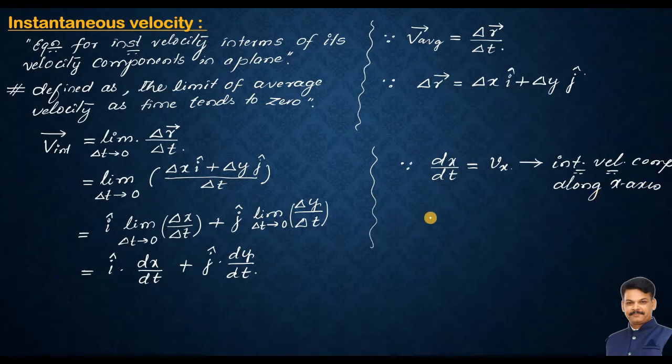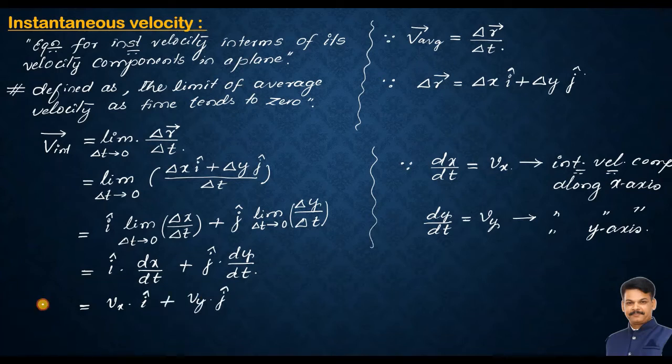In the same way, dy by dt is the velocity component along the y-axis, or the instantaneous velocity component along the y-axis. So instead of dx by dt and dy by dt, we can write vx into i cap plus vy into j cap. This is the equation for instantaneous velocity in vector form.